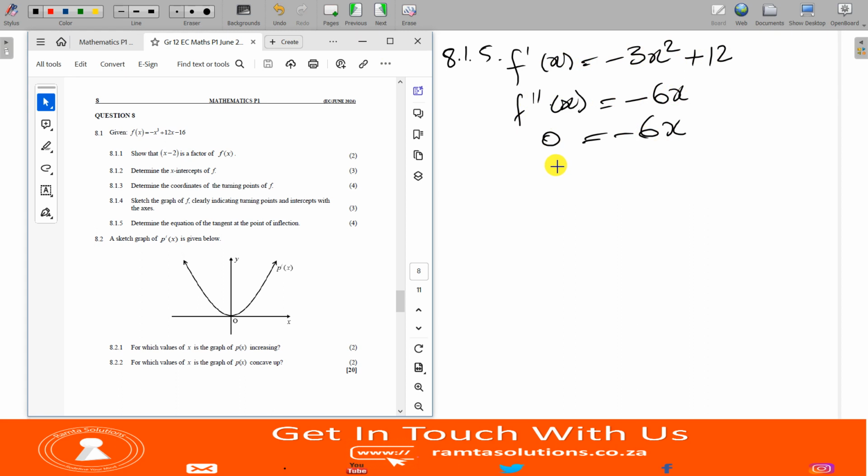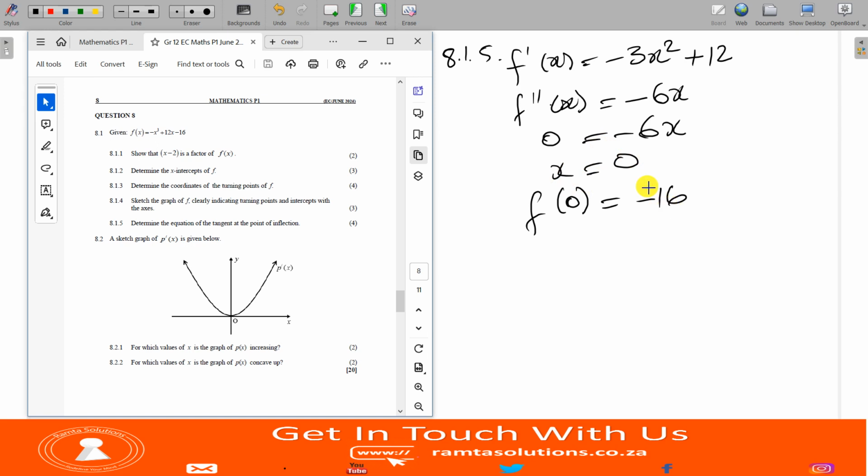So what is this point? This point here is x equals 0. What is f of 0? f of 0 is simply negative 16. The point of inflection is at x equals 0 and y equals negative 16.